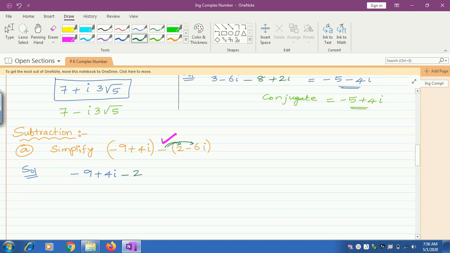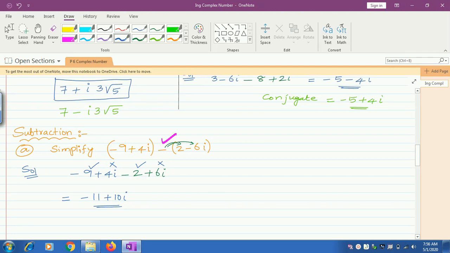Minus 2, and minus into minus gives plus 6i. Now what is the addition here? So this is minus 9 minus 2, which is equal minus 11, and then 4i plus 6i, which is equal 10i. So this is the simplified answer.